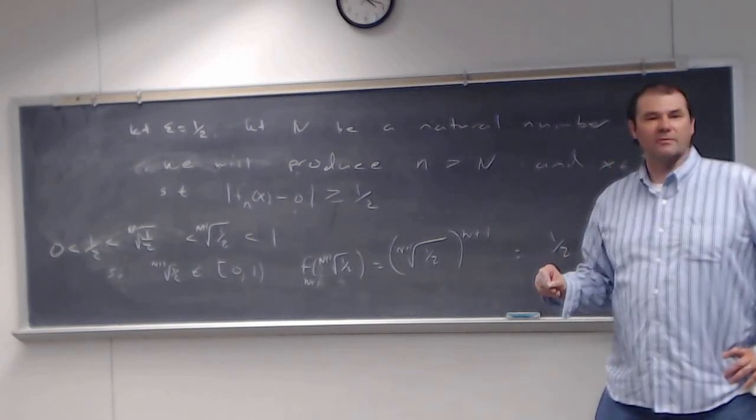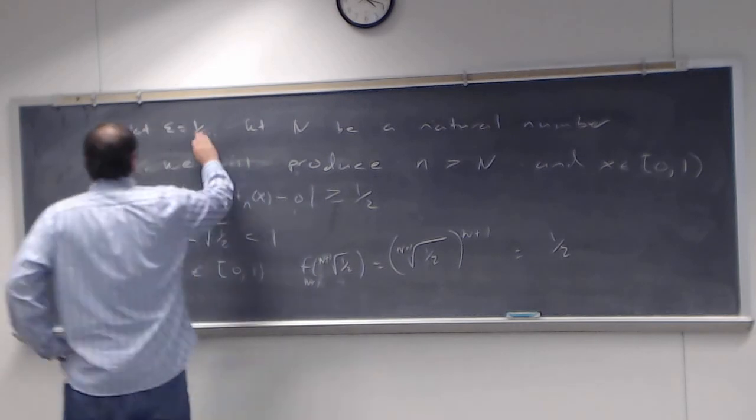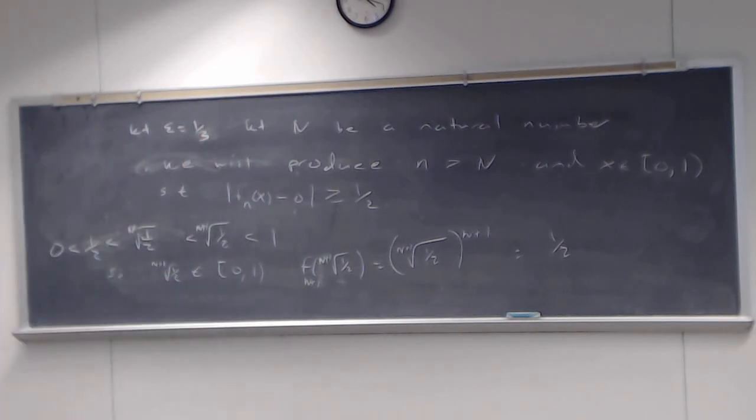Is that okay with everybody? So really, if you want, you can change your epsilon just for a second. Let's just make it a third. So, can you make all the points be within a third unit of 0 for one n? Will one n do it?